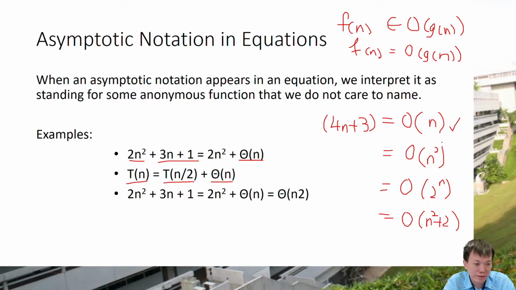Among these, based on the definition, the others are not wrong, but this should be the best one. If we can represent it in theta bounds, that is normally the most appropriate. I should not represent it in big O or big omega. Technically correct, but not the most appropriate answer.